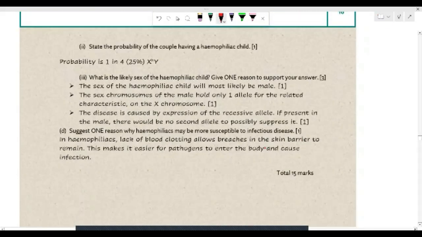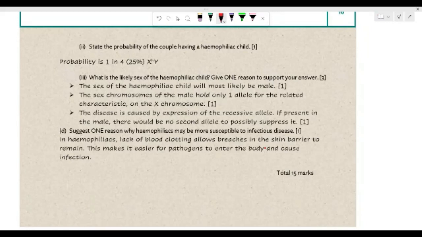And then we have why it's more susceptible. Well, think back to the importance of clotting. The purpose of clotting is to close up any breaches or openings in your skin, which is your first line of defense against any pathogens trying to get into your body, right? So if there's a breach of your skin, an opening, blood clotting is a way to close back up that opening as soon as possible before infectious agents can get in.